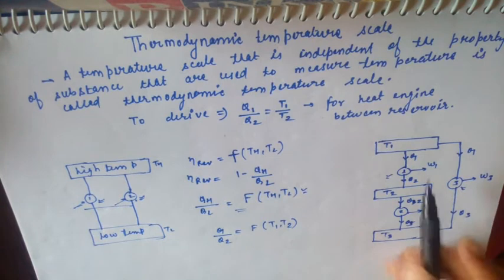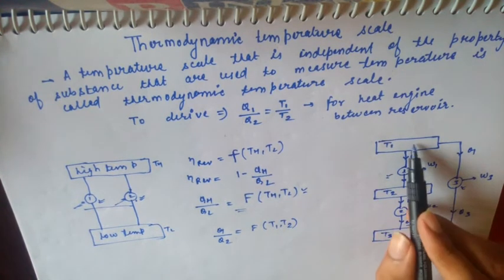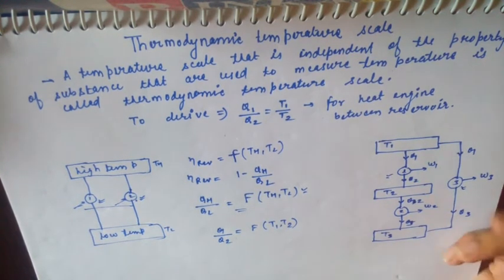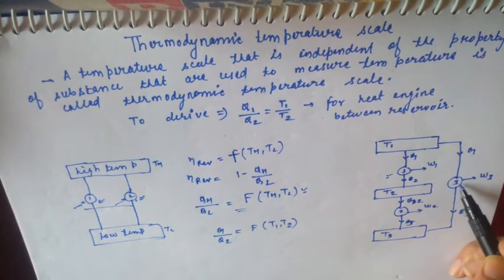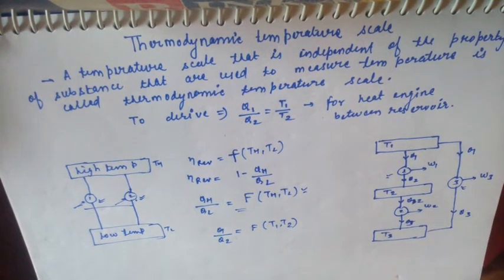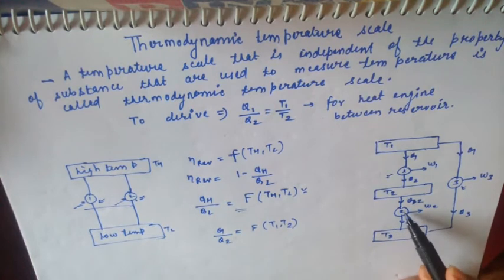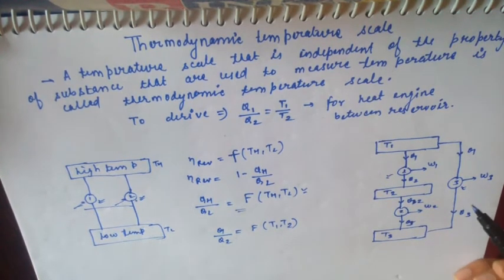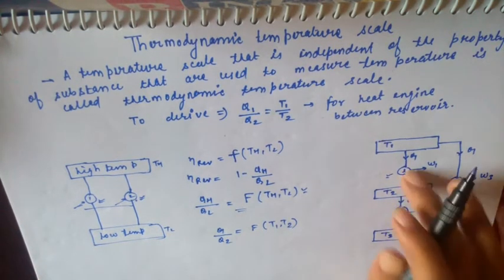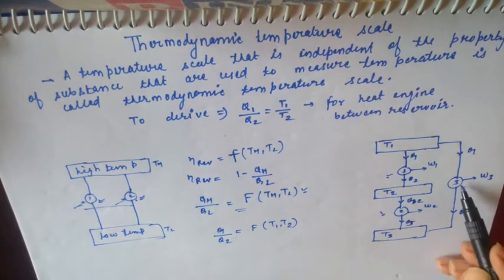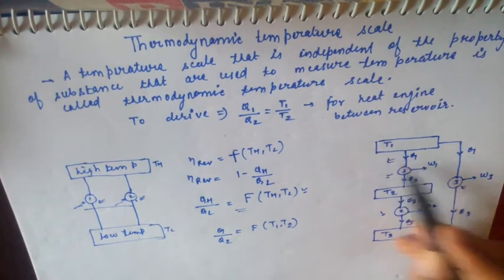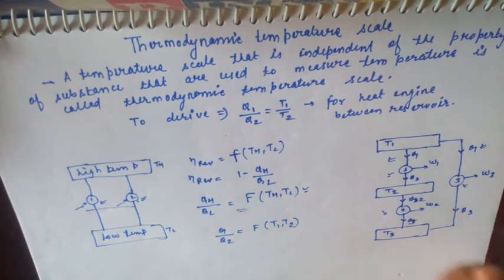So whatever heat engine 1 is accepting from the first reservoir, that much heat is accepted by heat engine 3, and whatever heat is rejected to the second reservoir, that much heat is rejected by heat engine third. So the accepted heat of 1 and 3 and the rejected heat of 2 and 3 would be the same.